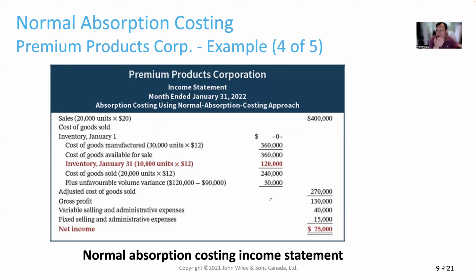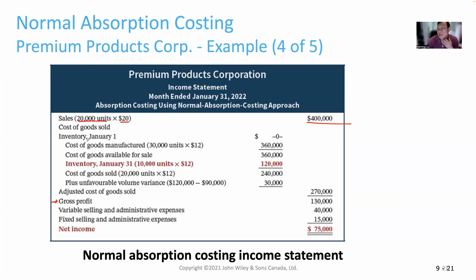Okay, so if we prepare this income statement, this will be a good format for you to learn to follow. This has gross profit, gross margin. So this is prepared under absorption costing. The sales is 20,000 units for the month. Each one is $20, so we get $400,000. And cost of goods sold. Inventory January 1st.